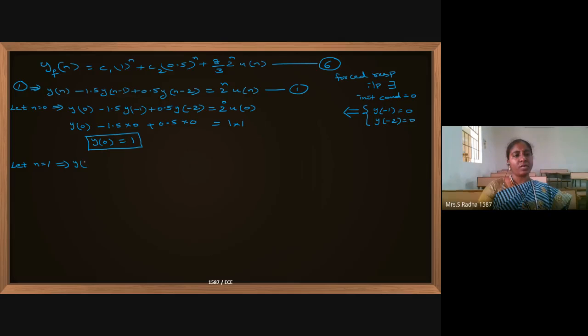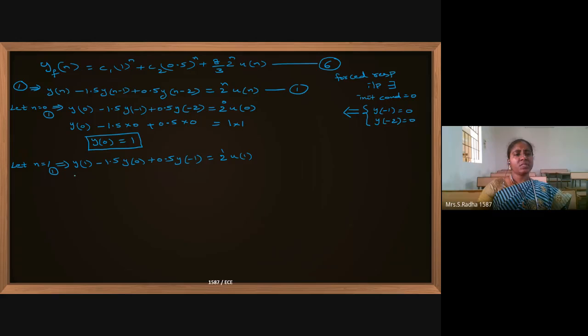It becomes y of 1 minus 1.5 y of 0 plus 0.5 y of minus 1 equal to 2 power 1 u of 1. This I am substituting in equation 1.